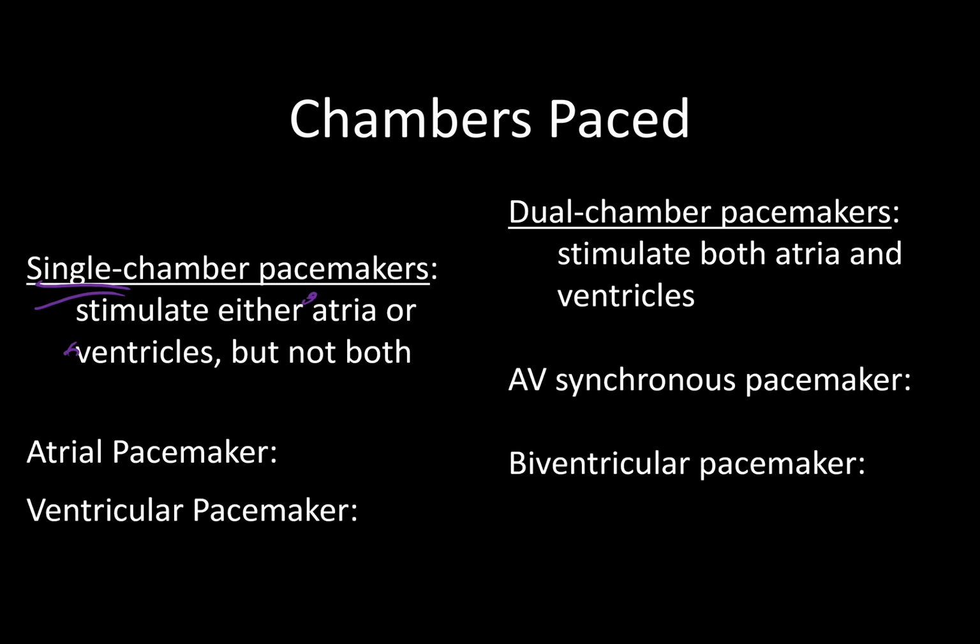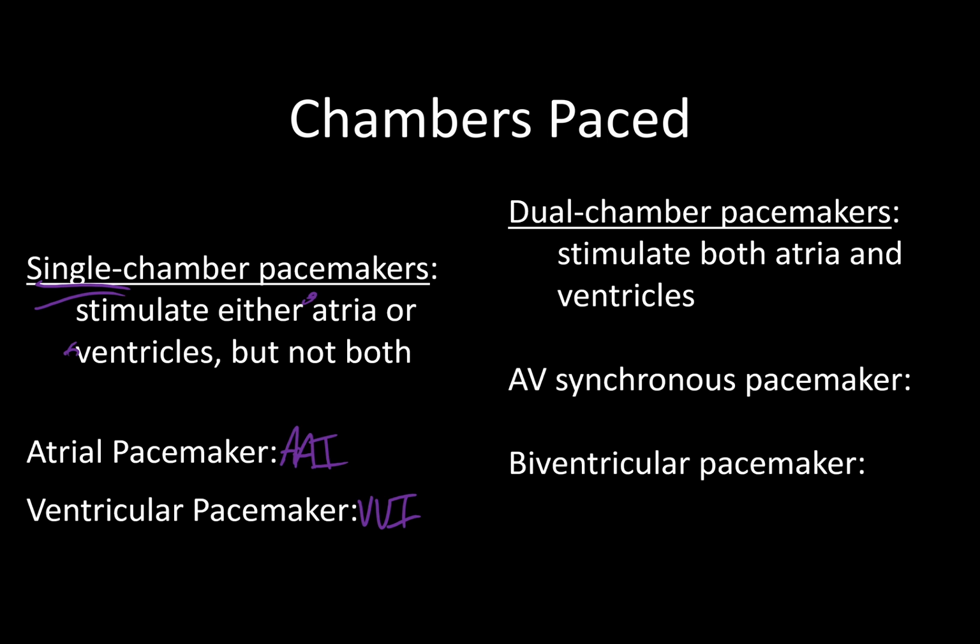One classification would be AAI, where it senses the atria, paces the atria, and inhibits if the patient manages to produce their own native rhythm. Another version would be VVI, which is those temporary pacemakers: sense the ventricle, pace the ventricle, but inhibit if the patient manages to kick something out.